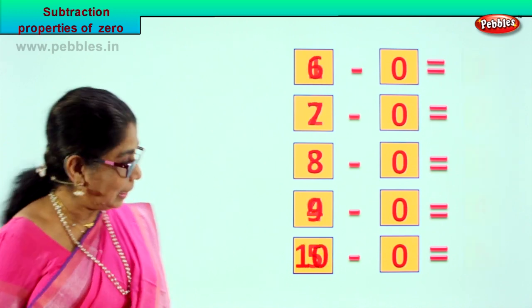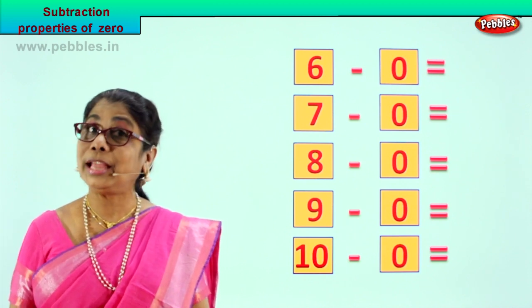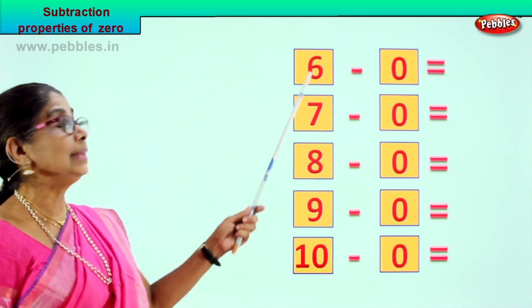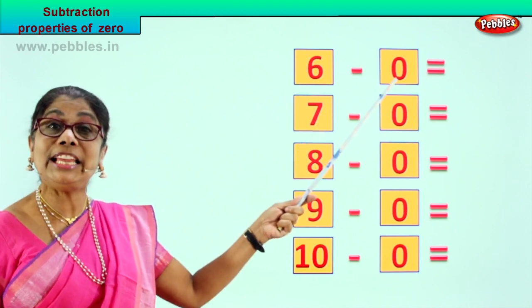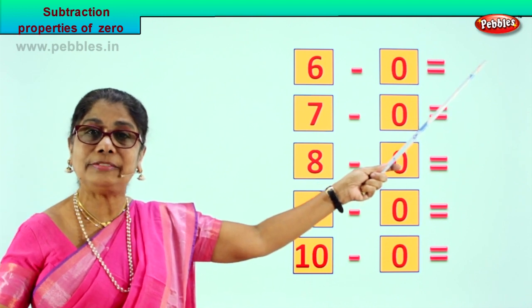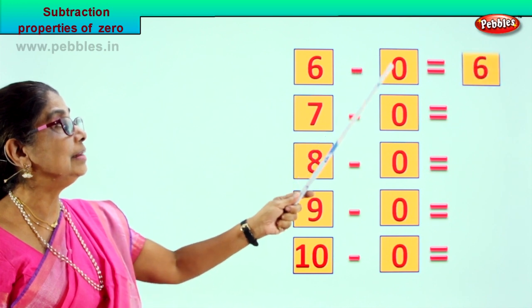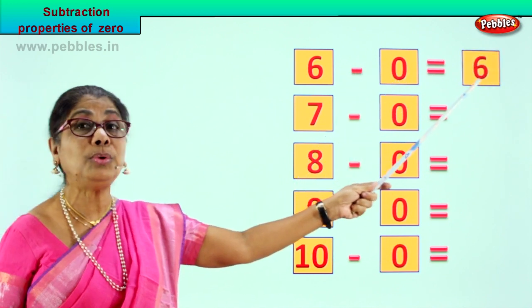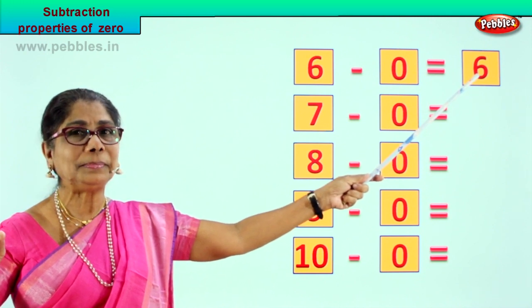Let's look here. Look again, carefully. Number 6 minus 0 is equal to the number 6 itself. You got it clear?